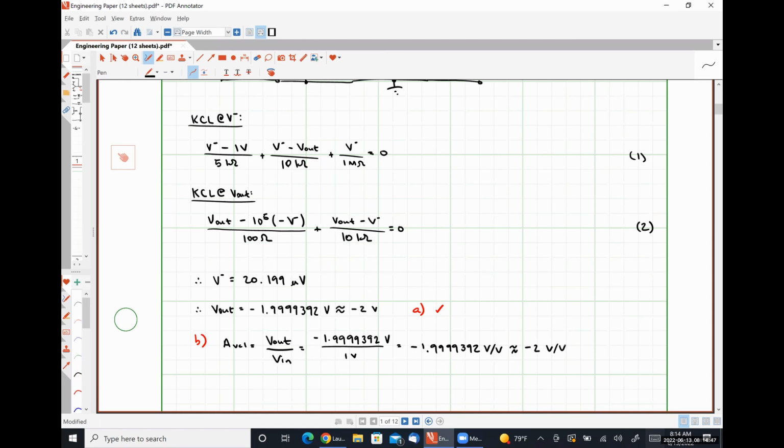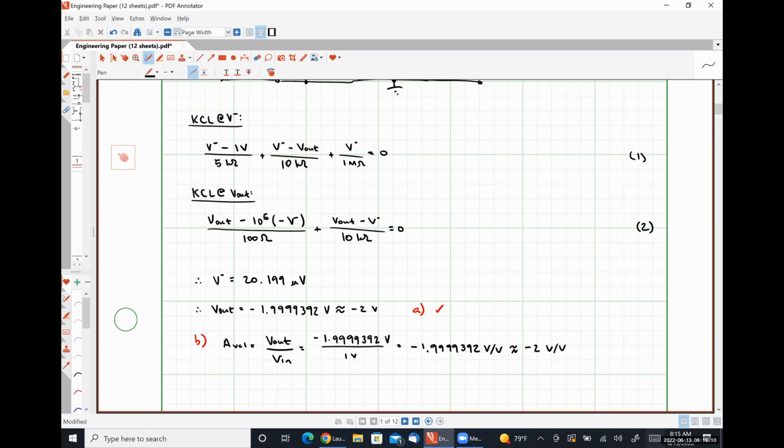We'll see shortly that this negative 2 parameter comes effectively from the feedback network that was applied. The open loop gain of the system doesn't really play any significant role for the overwhelming majority of negative feedback op-amp circuits. Getting a little bit ahead of myself there.